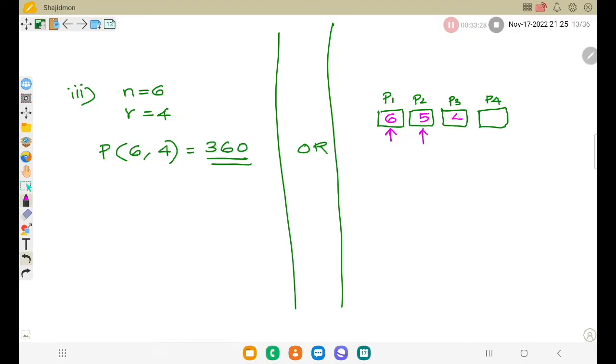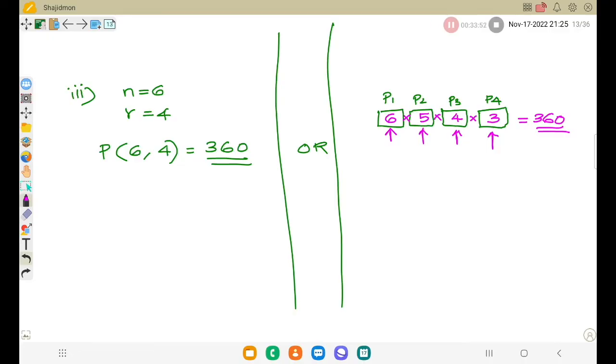Third, how many possibilities? 1 more reducing, 4. Fourth, 1 more reducing, that is 3. So totally how many ways? 6 multiply 5 multiply 4 multiply 3. That means we are getting 360 ways to fill all 4 posts.